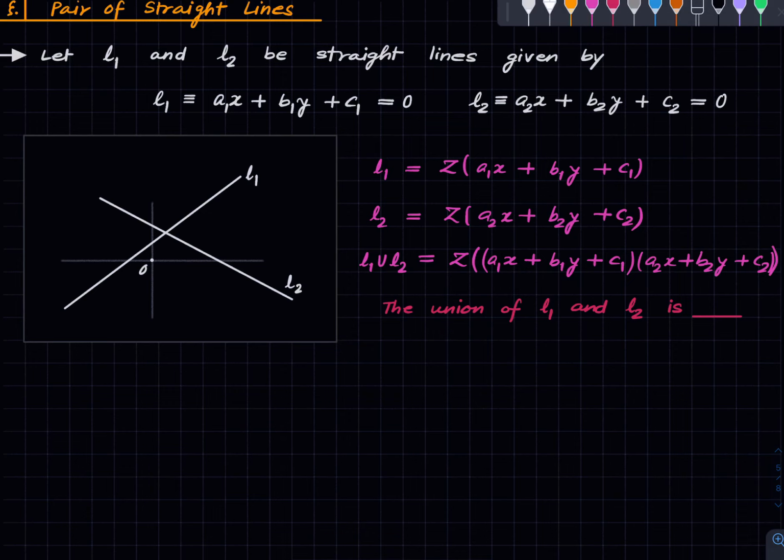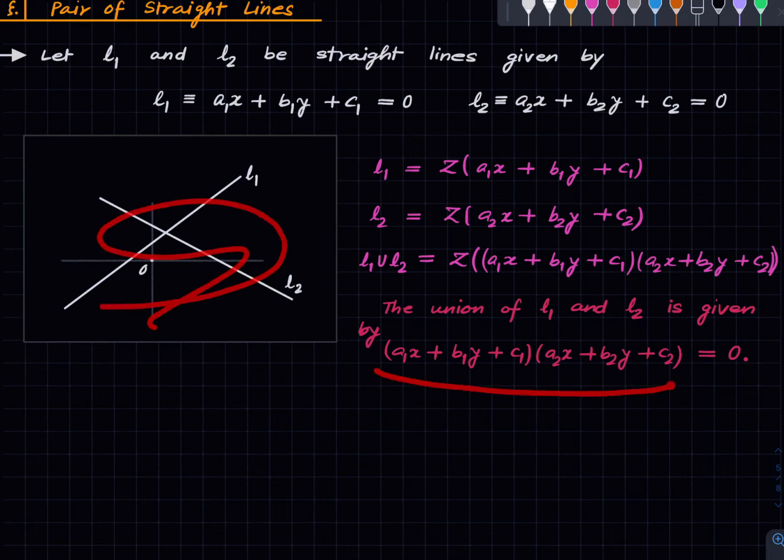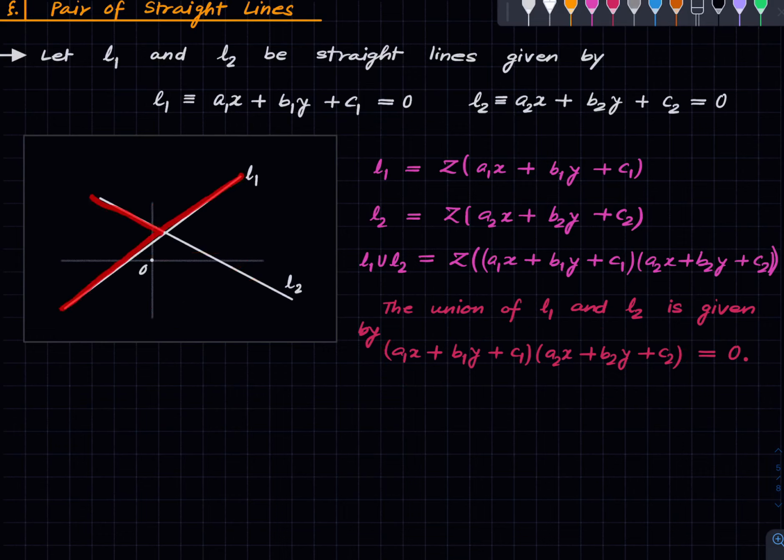And therefore, the union of L1 and L2, meaning that thing, is given by this equation, which is this. So the set of points on the plane which make this 0 are precisely the points on the union of L1 and L2. So this shape is expressed by this algebraic expression. Okay, I hope that was clear.